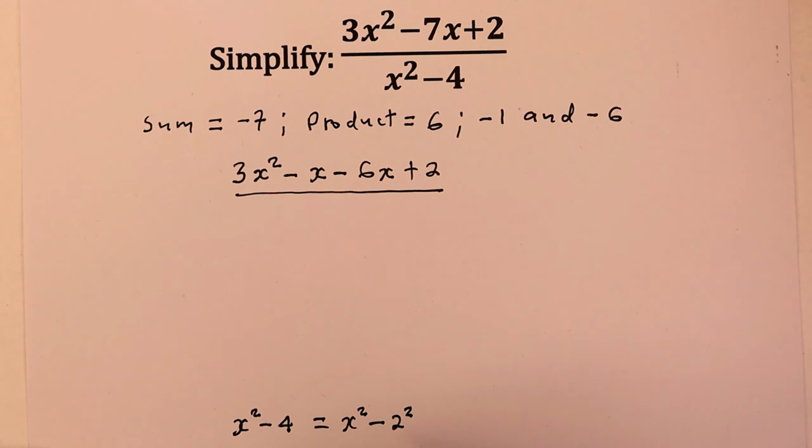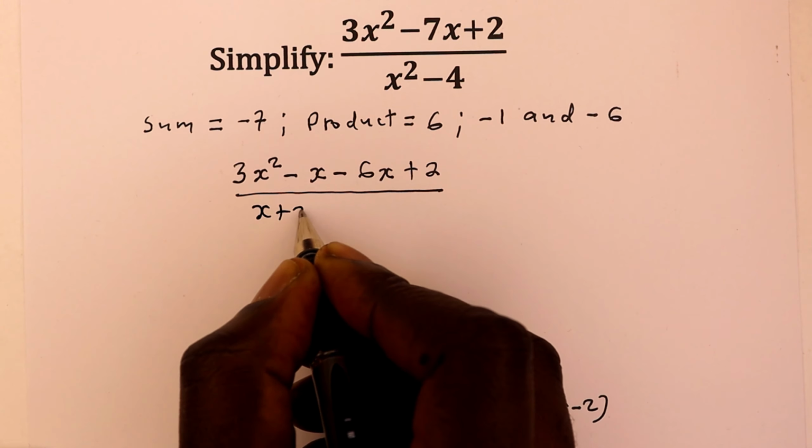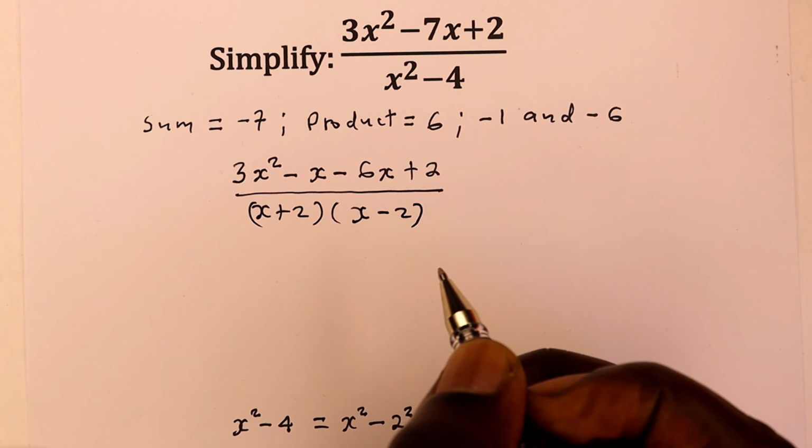So if this is the case, then we can apply one of the quadratic identities, which is a difference of squares. So we can write this as x plus 2 times x minus 2, according to the quadratic identities. So it means, therefore, that in the denominator, we have x plus 2 times x minus 2.